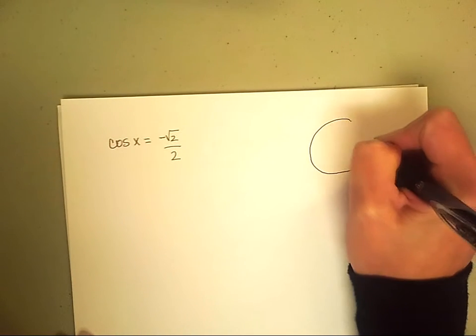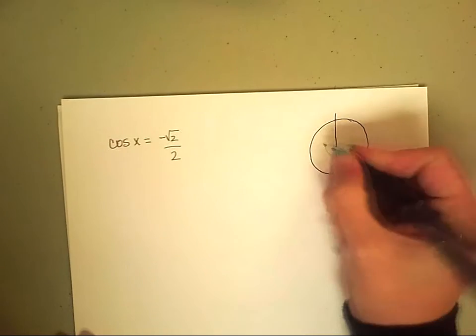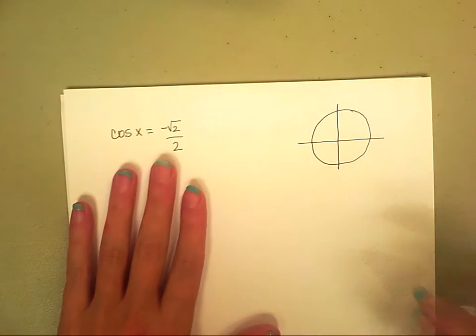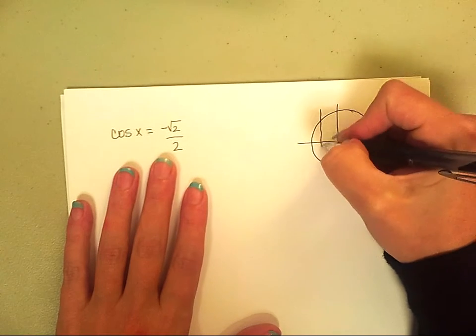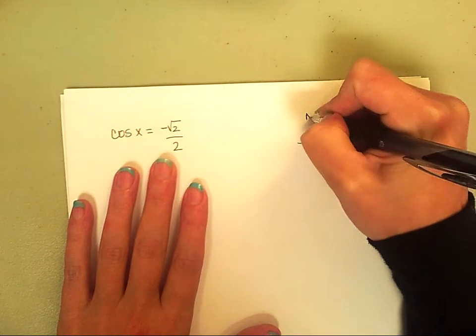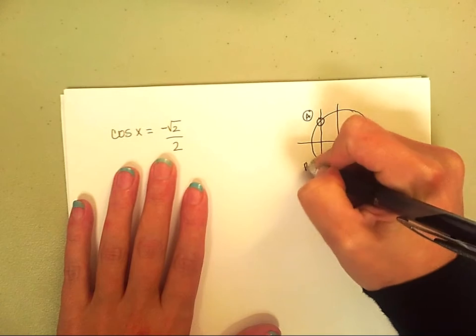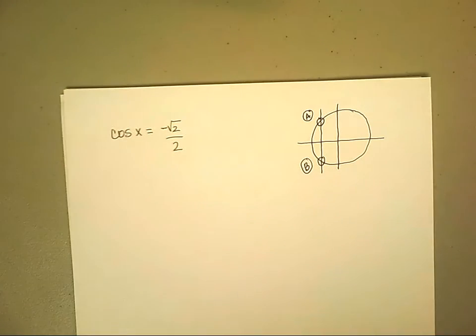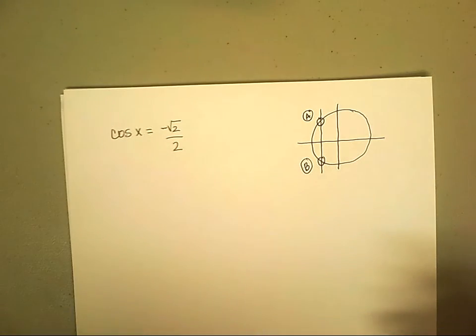And the way we did that is just by knowing our unit circle. But let's say we'll do it by this inverse cosine method. So again, I'm looking where the x values are negative square root of 2 over 2. Okay. Right? So I'll have here one place, angle A, and one place here, angle B, that we are looking for. Okay. And then once we have those, we can take the multiples.